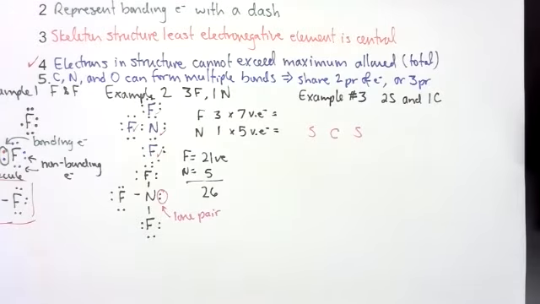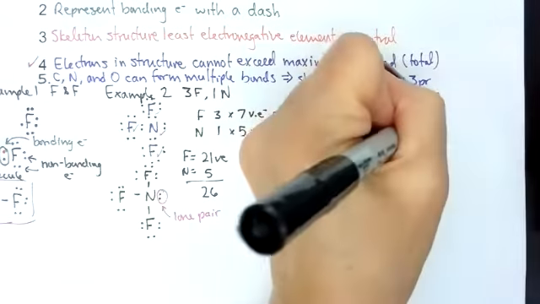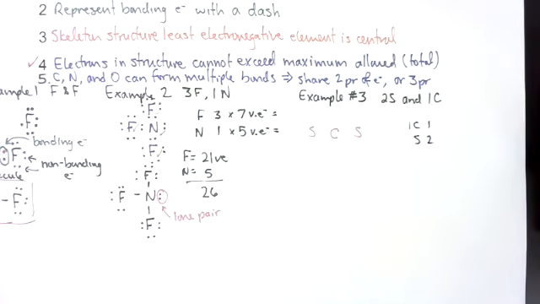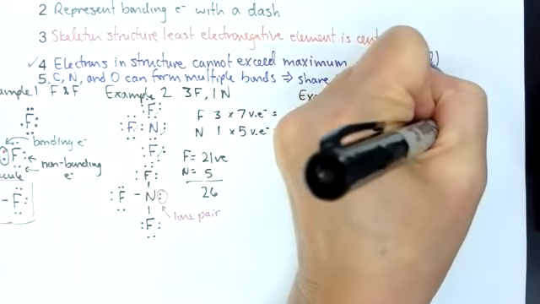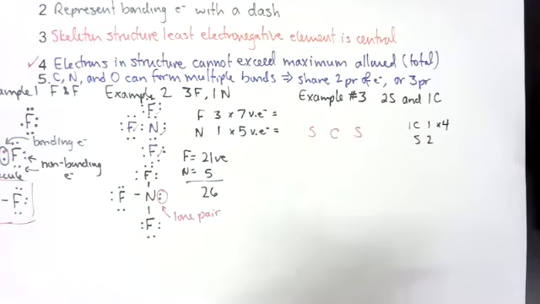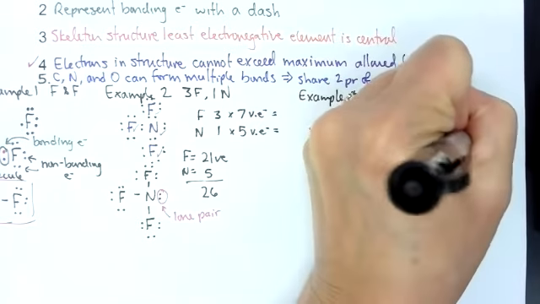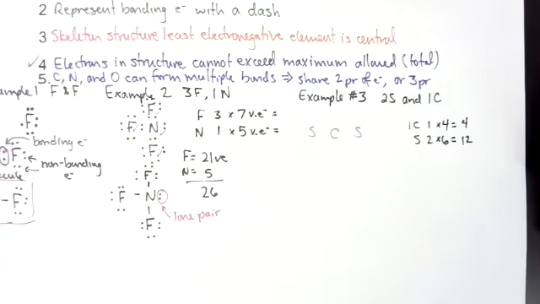Rule number 4 is that electrons in the structure can't exceed the maximum. So I need to know what my maximum is. I've got one carbon and I've got two sulfur. Carbon has 4 valence electrons and sulfur has 6, so this is going to be 12 and that's going to be 4.